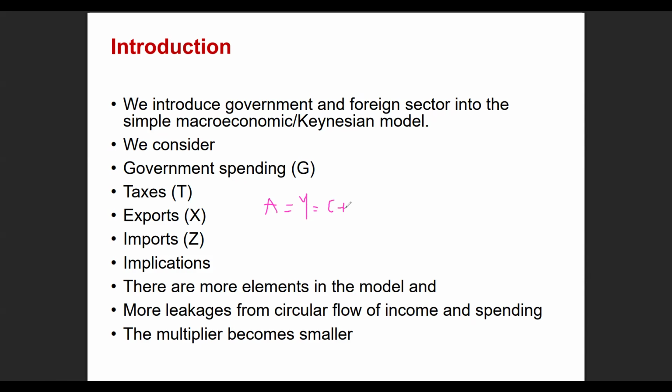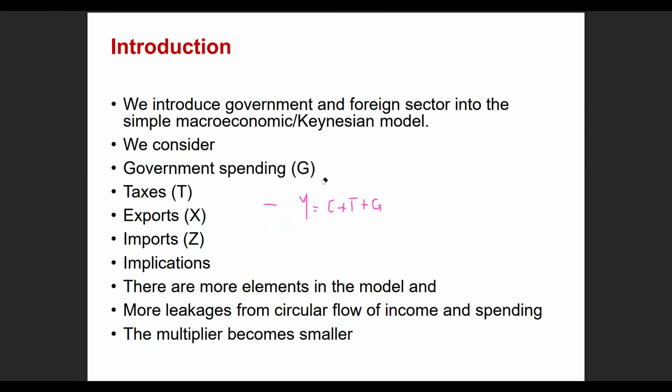Because this is what we've been doing in that previous video, the simple Keynesian model. But now we're going to be adding another component here, which is G, for government spending or government expenditure. Remember this one, we said it was autonomous. So obviously aggregate expenditure and income also change as we're adding more components.